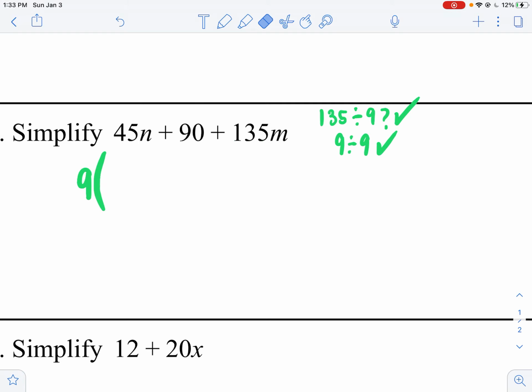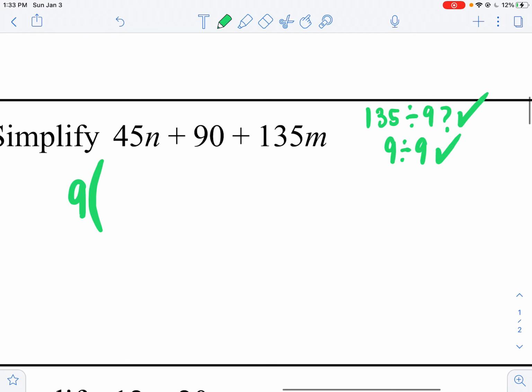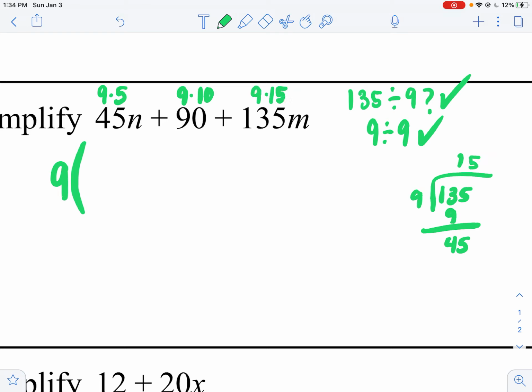Let's just clear some of this work. All right. And I know that it's 9, so if I want, I can write out the things up here. 9 times the factors. 9 times 5 gives me 45. 9 times 10 gives me 90. And then I might need to still do my long division over here. 9 times 15 gives me 135.